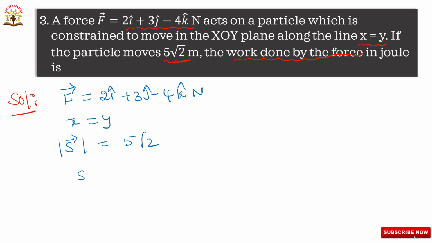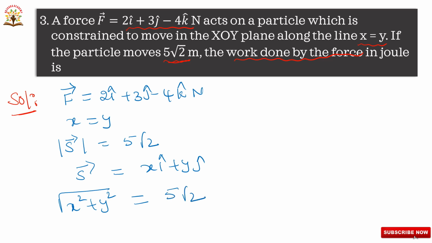So S bar equals x i bar plus y j bar. Taking modulus, root of x square plus y square equals 5 root 2.